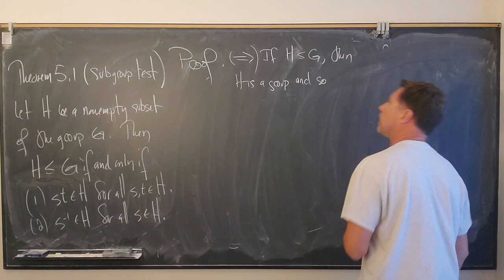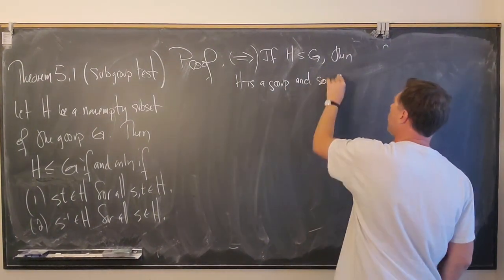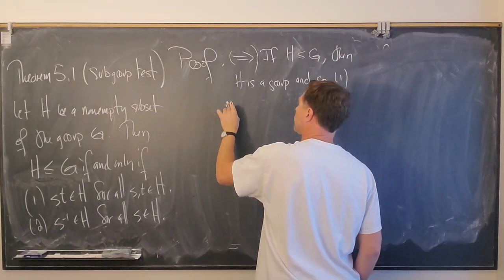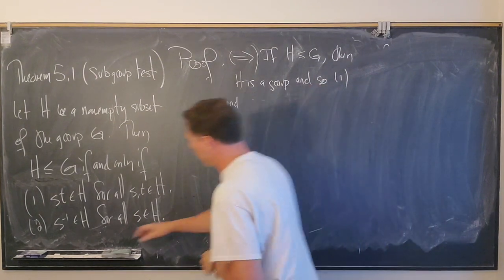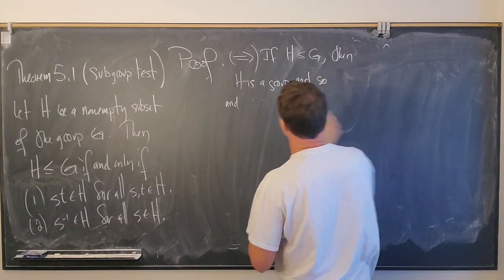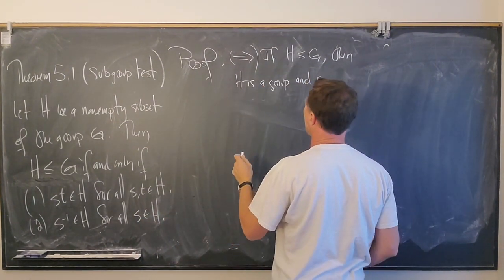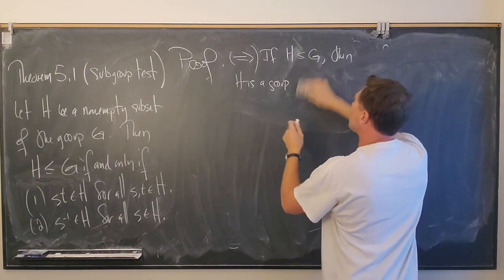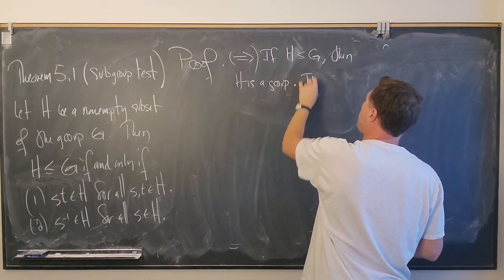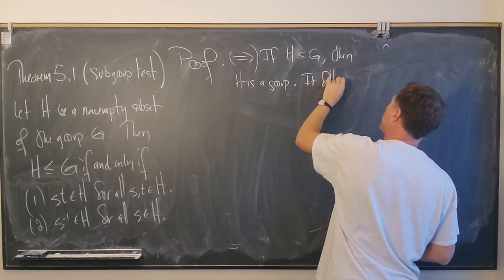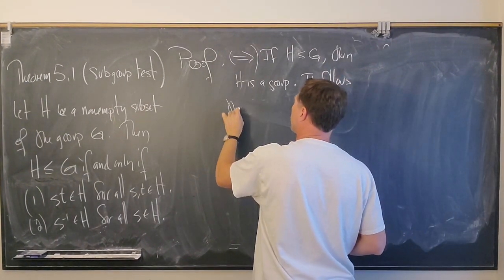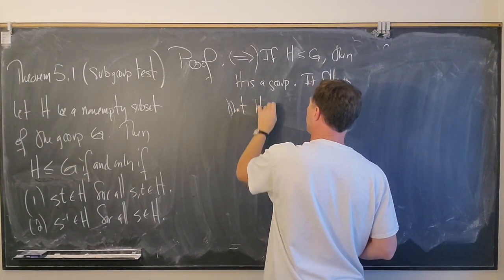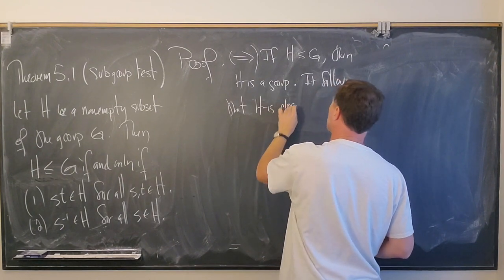So, one. Well, we can put in the details. Let's see. Then H is a group. That follows that H is closed.